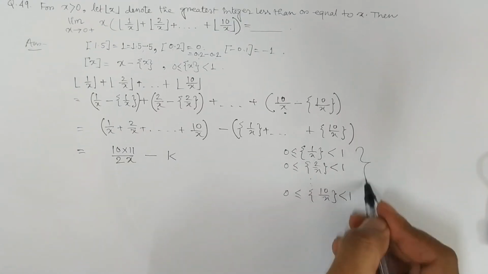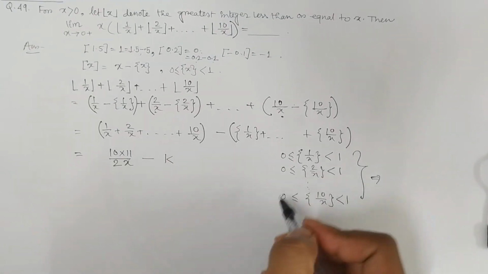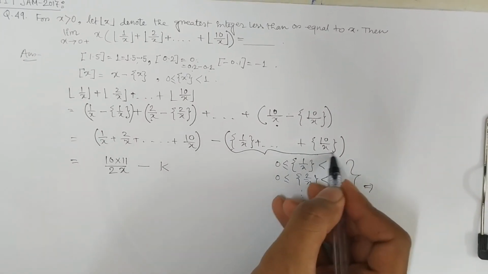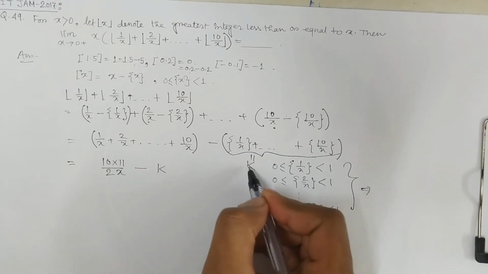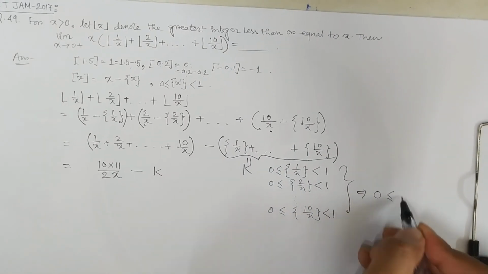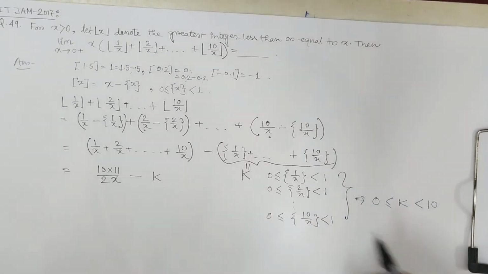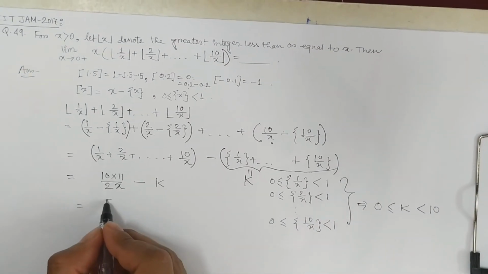So if we add them together, we take it as k, so we have that k is between 0 and 10, that is, k is something bounded.